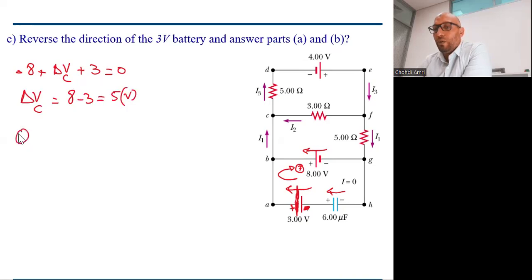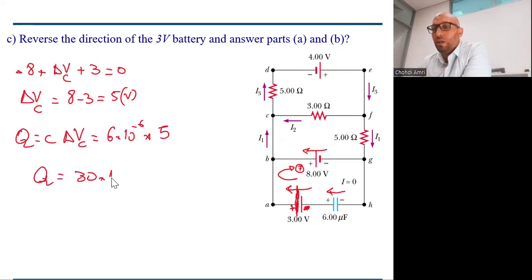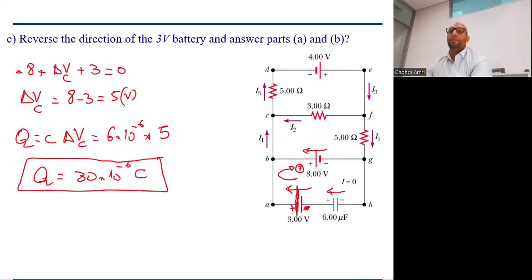However, we know that the charge is C delta V across the capacitor. It's going to be 6 times 10 to the power negative 6 farad, multiplied by 5, which is equal to 30 microcoulomb. We are done. Let's move on.